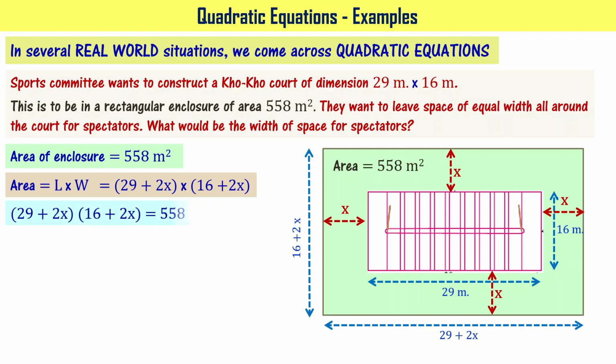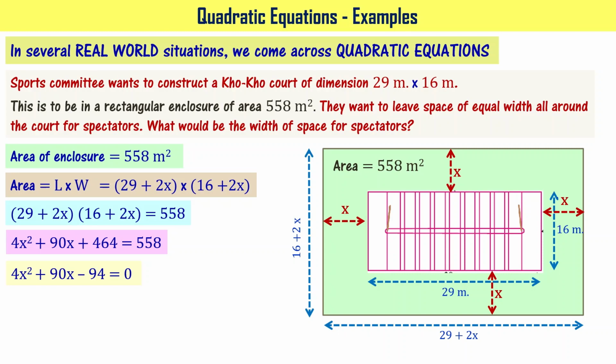So let's write it as an equation. (29 + 2x)(16 + 2x) = 558. When you rearrange, this can be written as 4x² + 90x + 464 = 558. Simplify it such that you get 4x² + 90x - 94 = 0.